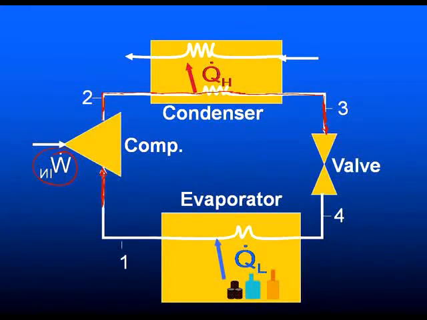Goes through the valve, throttling valve at constant enthalpy, you recall, and comes out of the valve as a mixture and then is evaporated the rest of the way. Since it takes energy to evaporate, that's supplied from inside the cold space, or whatever fluid it is, say, that we're trying to cool. Its heat is given up to evaporate this working fluid.